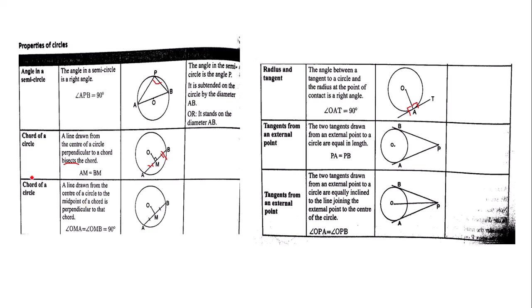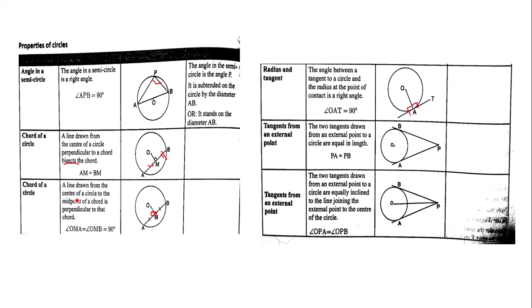And then we have chord of a circle, which is the same theorem as this one, but we look at it the other way. If a line drawn from the center of a circle to the midpoint of a chord, right here is the midpoint of the chord AB, and midpoint means the other part is equal to the other part.